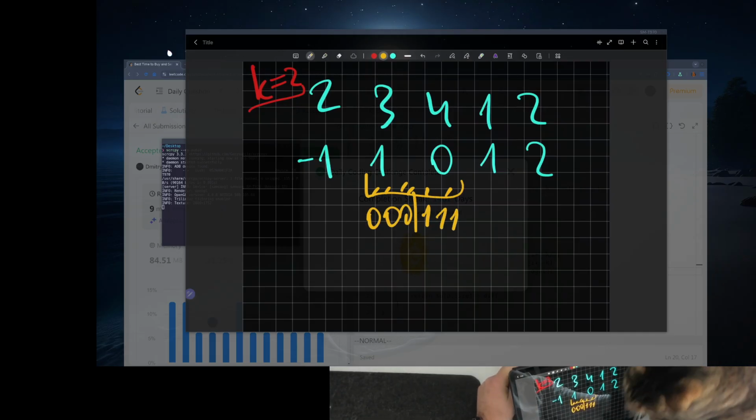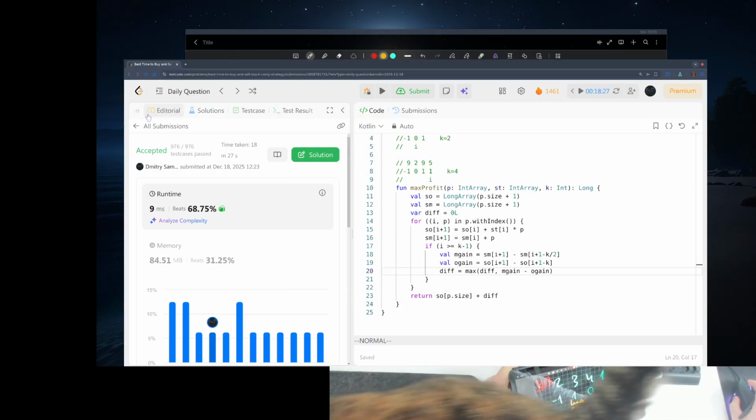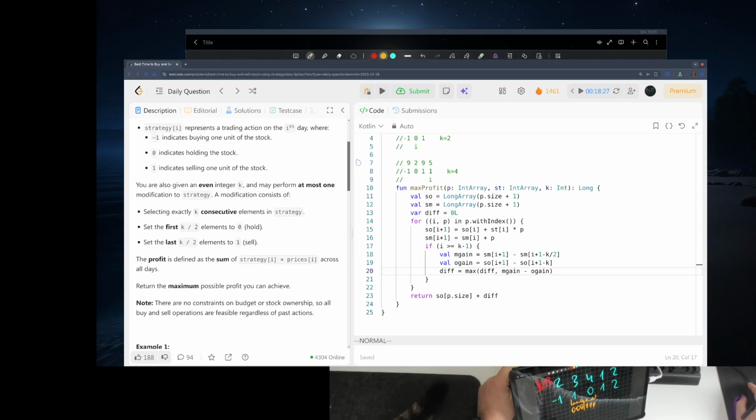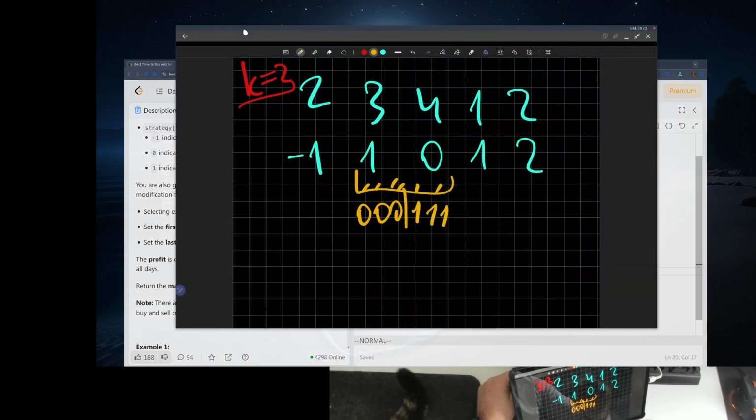Let's look at the description. Okay, the second half is sell, so it's like this. So actually we are gaining money or profit.